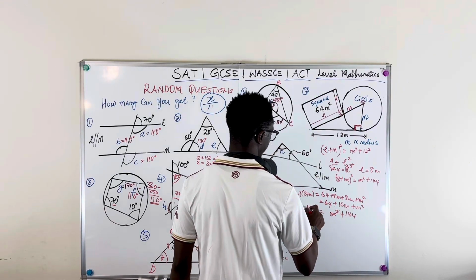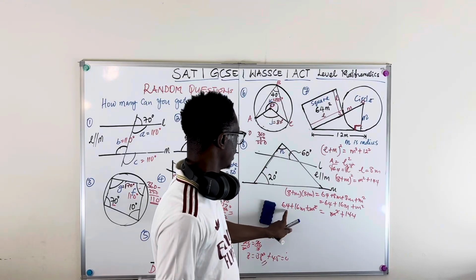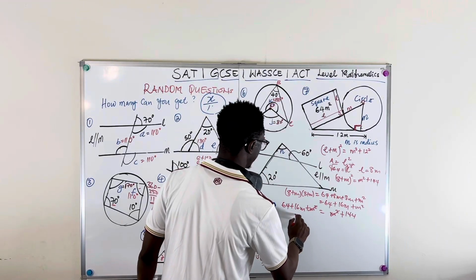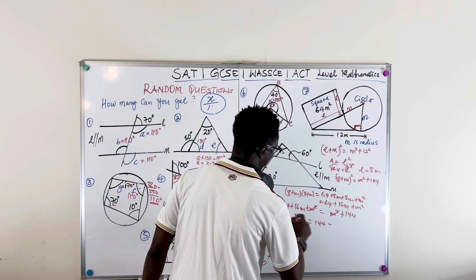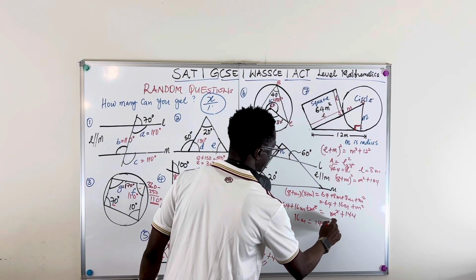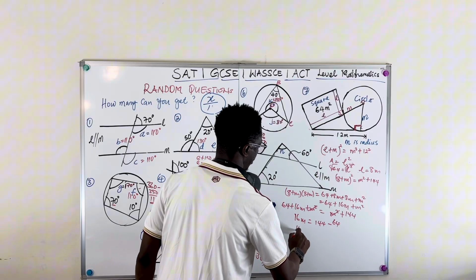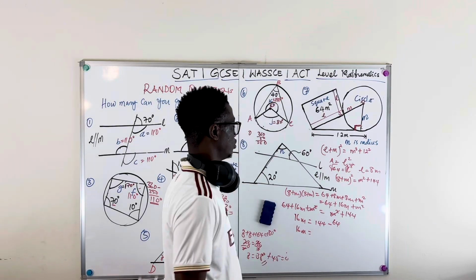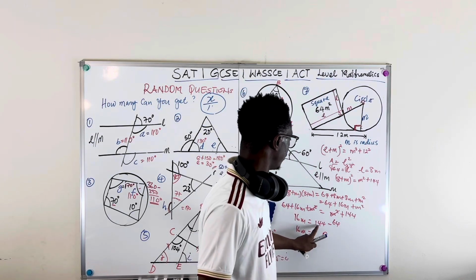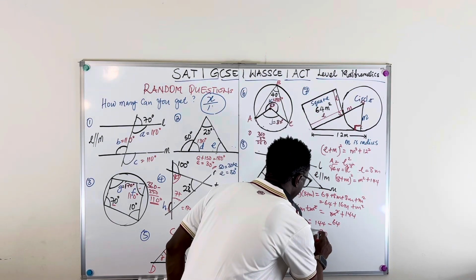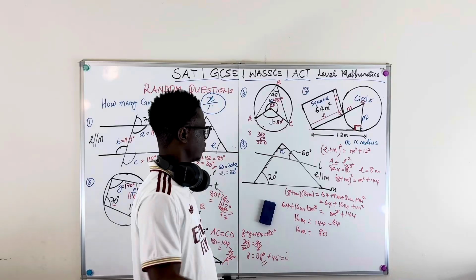M² cancels this M². Now we have 16M equals 144 minus, we are transposing this one, 64. So 16M equals 144 minus 64, which gives you 80, right?